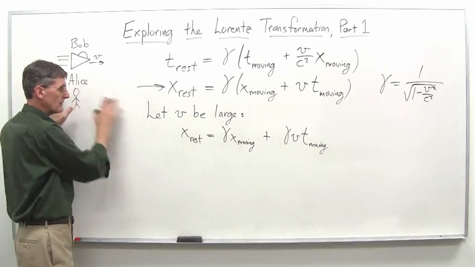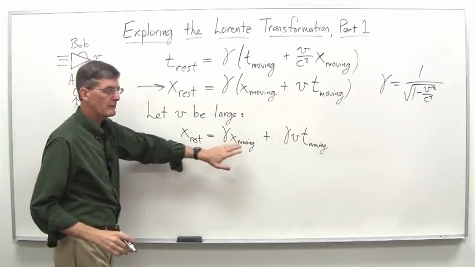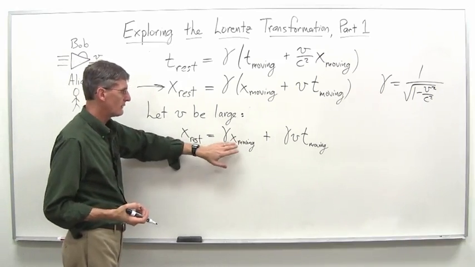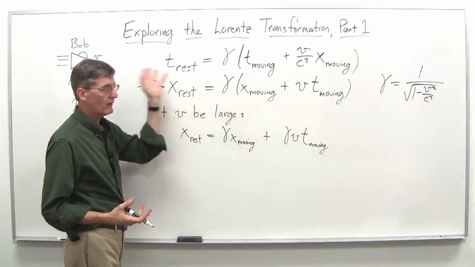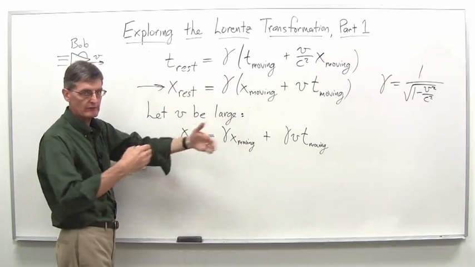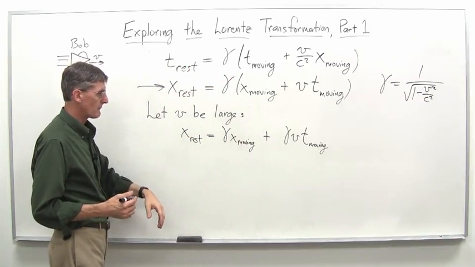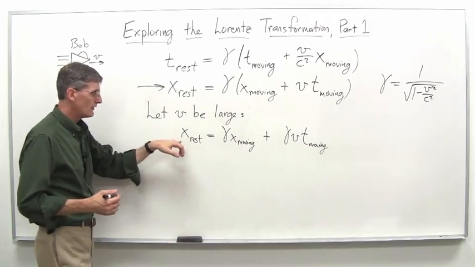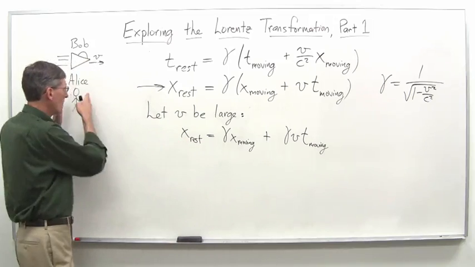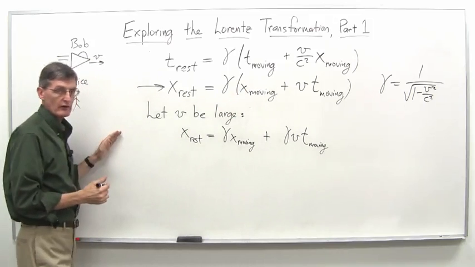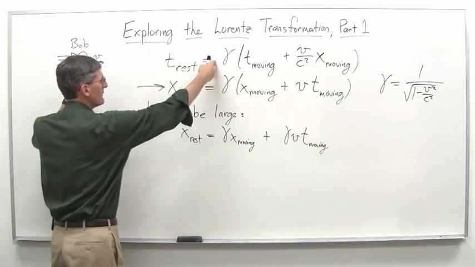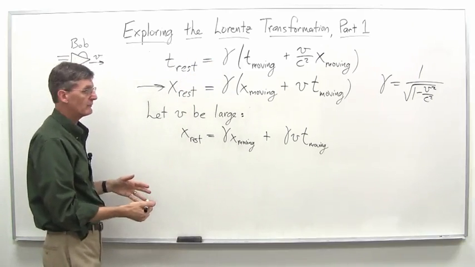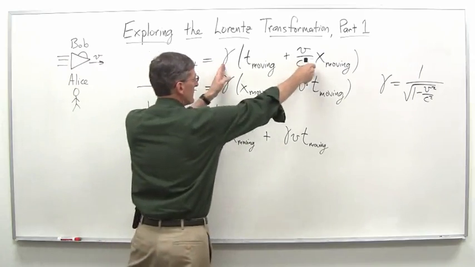In other words, for Alice here, Bob is going to measure some event at some x value in his frame. Maybe it's at 23 again on his lattice of clocks and his measuring system. So where is that going to occur on Alice's lattice of clocks? Well, the general idea is how far has Bob moved, what time is the measurement being made, and then plus whatever he's measuring out here.